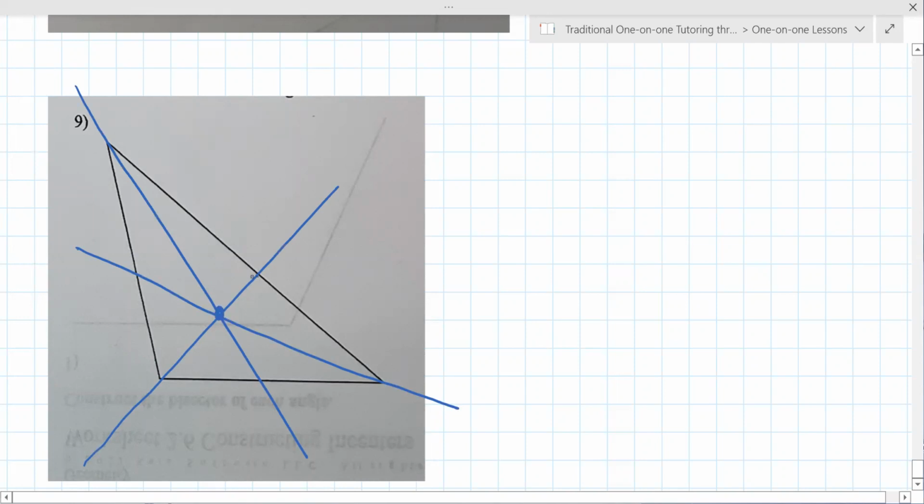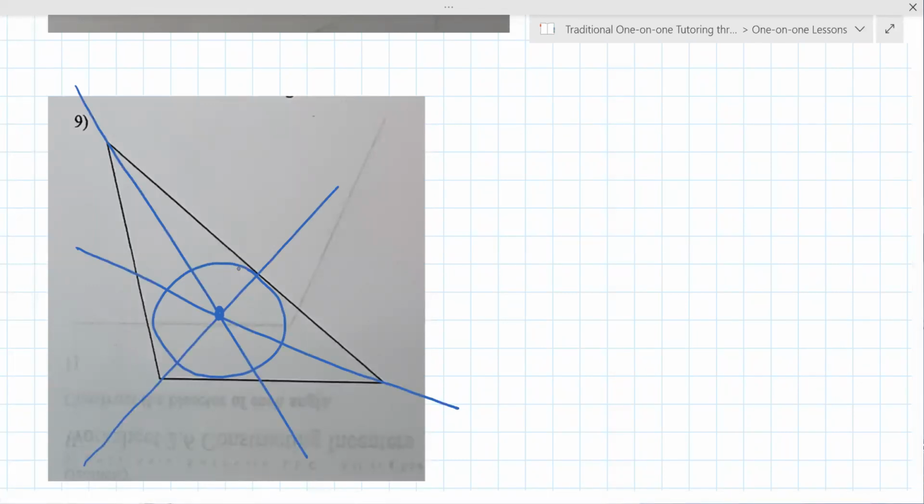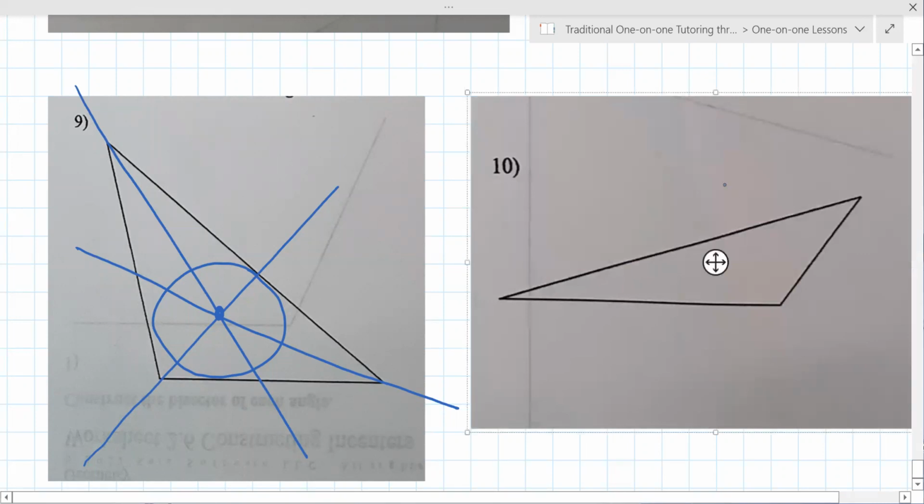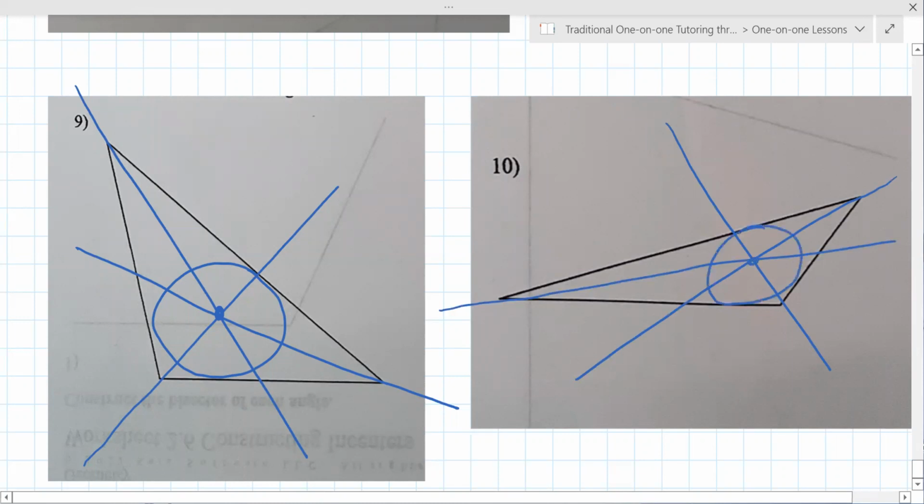So you go out to the shortest side, and you draw a circle that just barely touches all 3 sides from there. And for 10, it would be very similar. So let me get 10 up here. So there's your center of your circle. And again, you just create a circle like that.